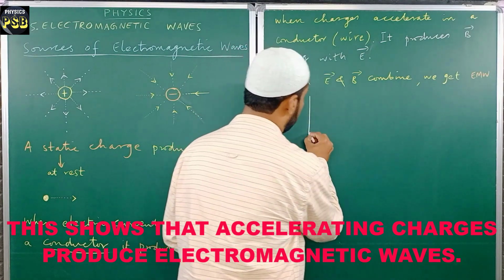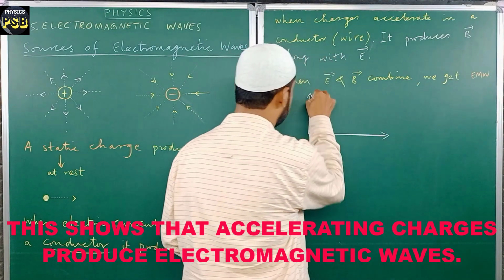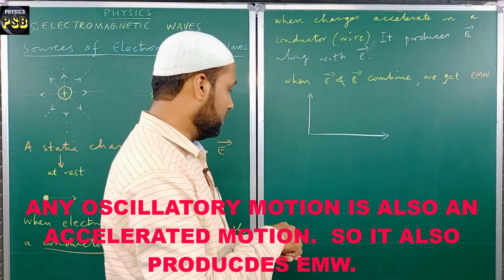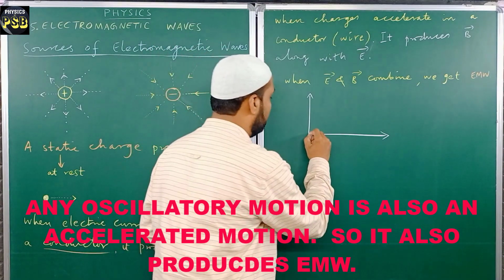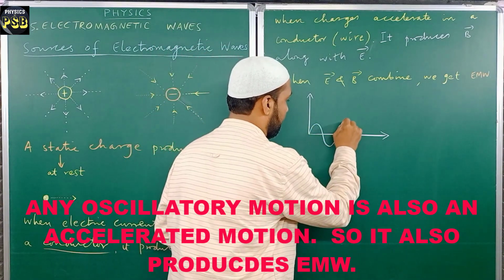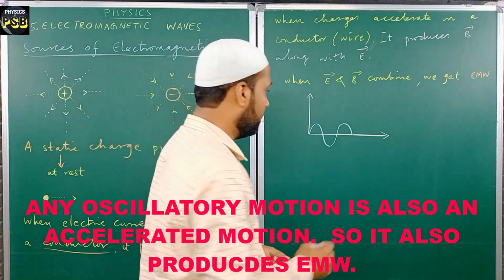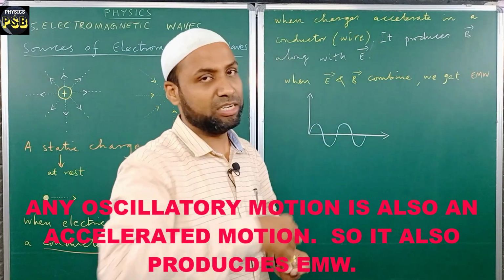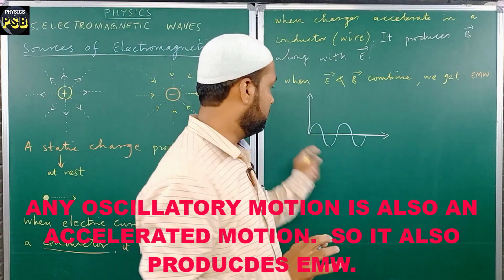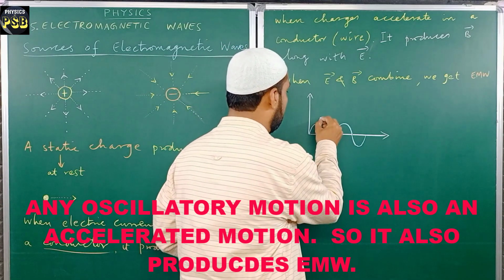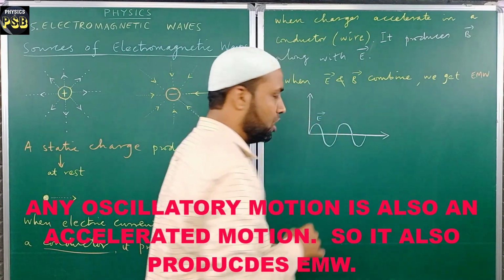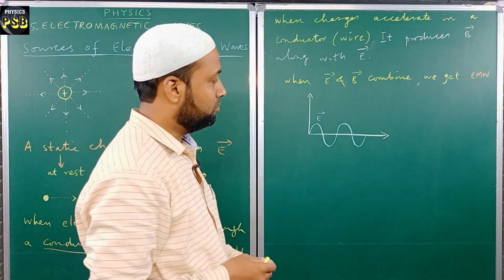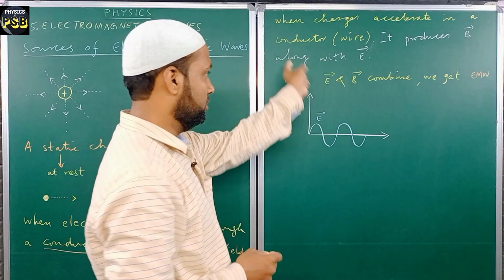Here, I take a coordinate system, two axes, x-axis and y-axis. I take the electric field along this axis. This one is the electric field. Now here, this wave represents the oscillating electric field. I represent it by the letter E vector, the oscillating electric field. Then we should also have a magnetic field here.